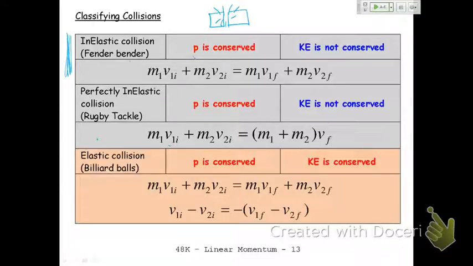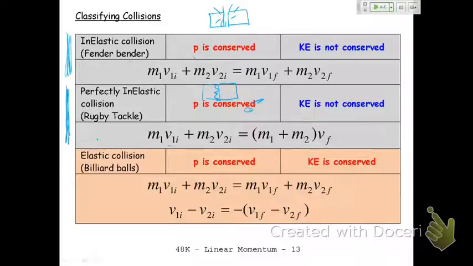And then there's a special case of this where not only do these things collide, but they become enmeshed. Two particles become one. And kinetic energy is again not conserved. Momentum again is. But the difference between these two is you know something about the second case. You know that the two masses stick together, so you know they have the same velocity after the collision. So this is a perfectly inelastic collision.